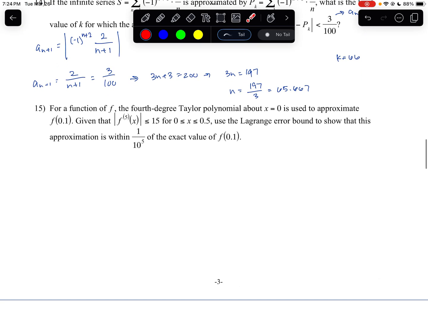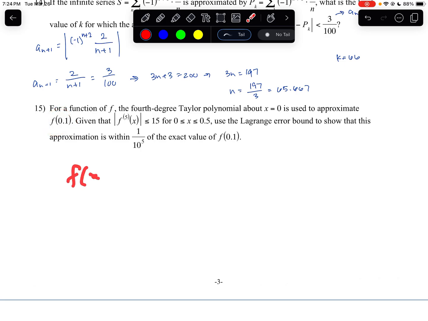Okay, so for a function of f, the fourth degree Taylor polynomial about x equals 0 is used to approximate f of 0.1. So it's not really being specific about what the function is. It's just saying for a function of f, the fourth degree Taylor polynomial about x equals 0 is used to approximate this. So there's a Taylor polynomial.